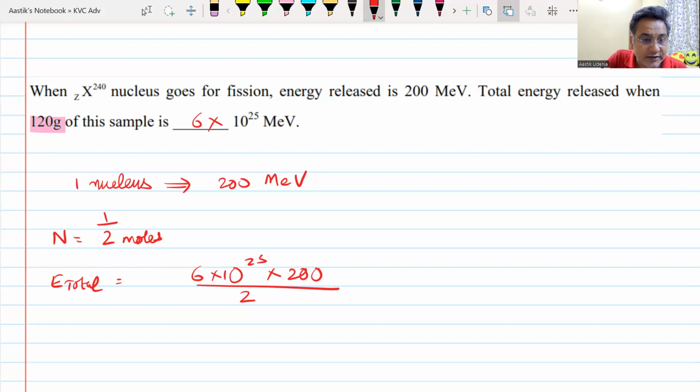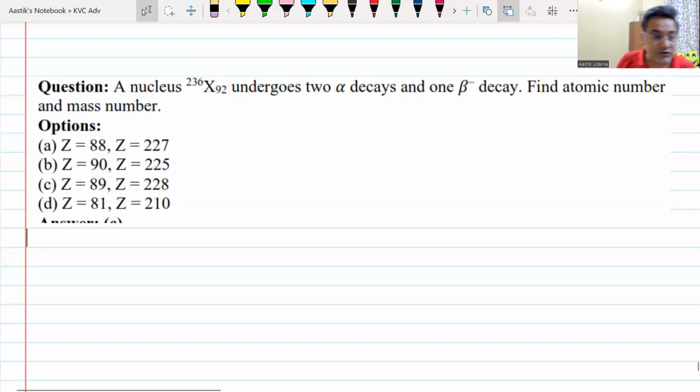This is a question again, let me take a question from your attempt. This is the 29th of January, shift 1 paper. And you can see the questions that are coming are pretty straightforward. A nucleus 236 92 undergoes 2 alpha and 1 beta decay. Find the atomic and the mass number.